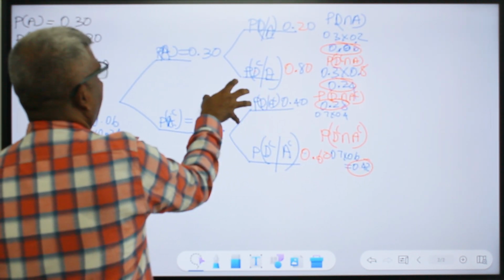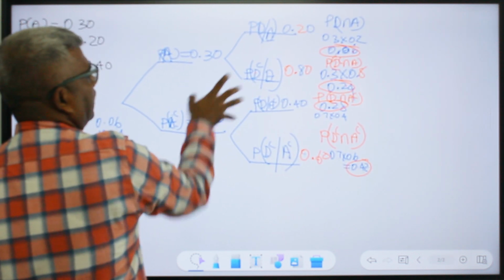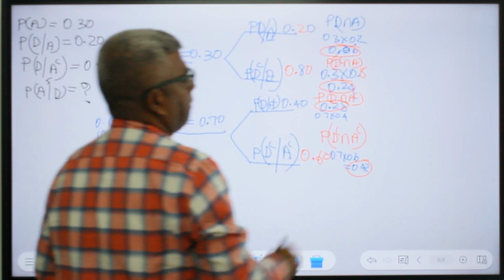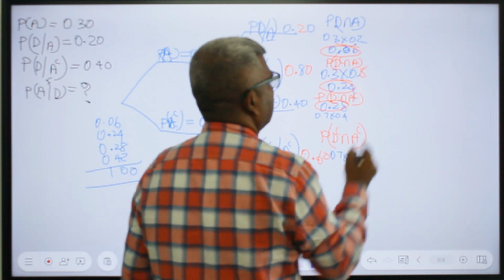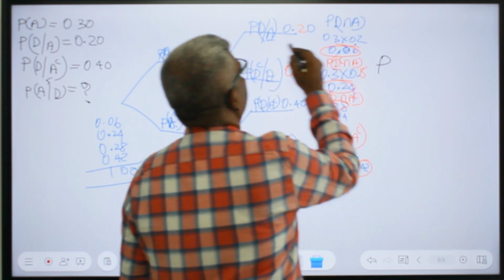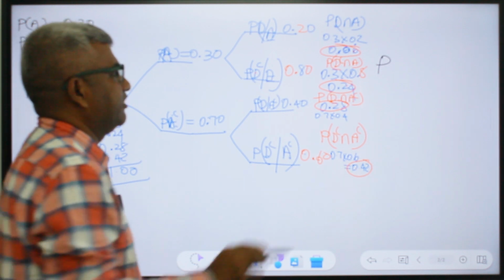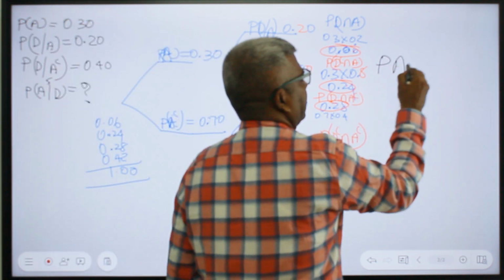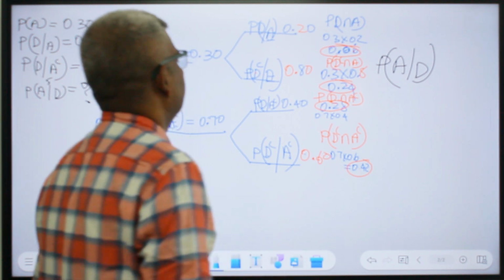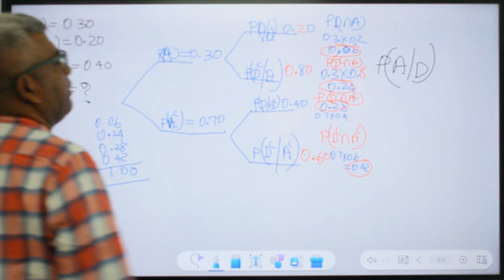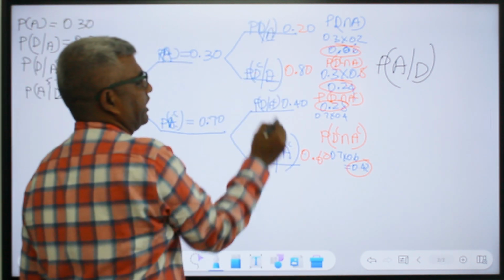Okay, now what they are asking is probability of D given A. They will ask in general A given D. They may ask these 4.